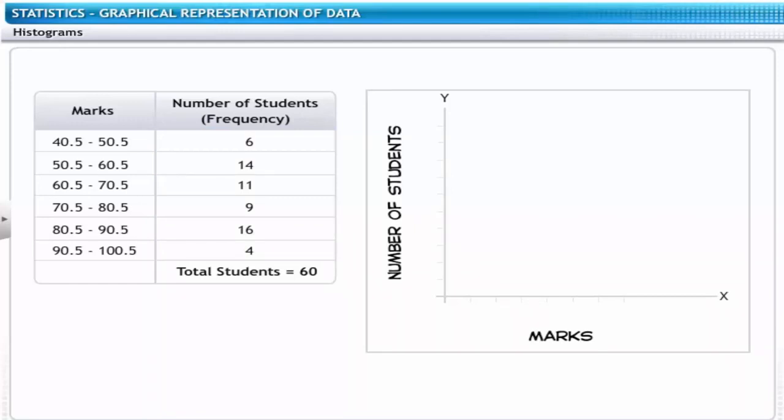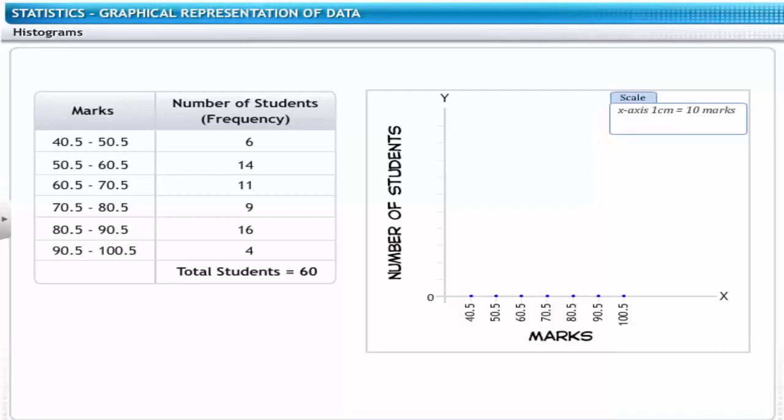Next, we'll choose a scale to mark the class intervals in the marks column on the x-axis. Let's take 1 centimeter equal to 10 marks. Since there are 6 class intervals, we mark 6 equal lengths of 1 centimeter on the x-axis. Note that, since the class intervals are continuous, we will not leave any gap between them on the x-axis.